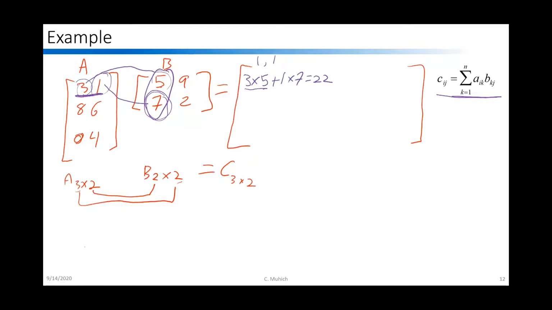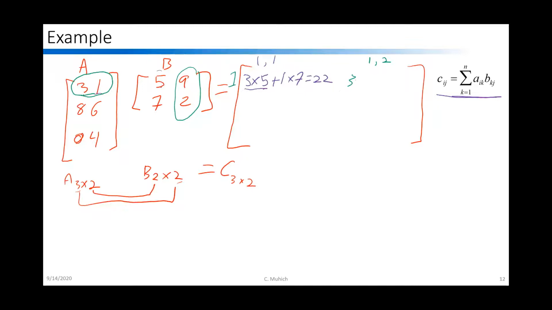All right, so let me switch color again. We're going to clear out our matrix to work on element 1, comma 2. So I'm still in row 1, so I'm still taking that first row in A. But now, because I'm in column 2 of my answer, I'm going to take the second column of matrix B. So I'm once again going to do my multiplication.